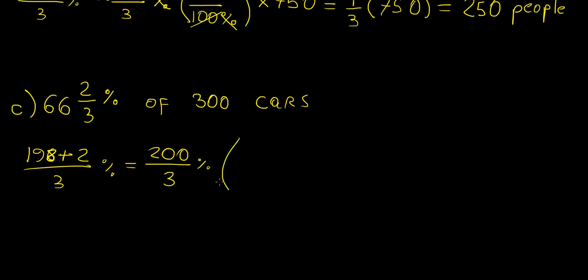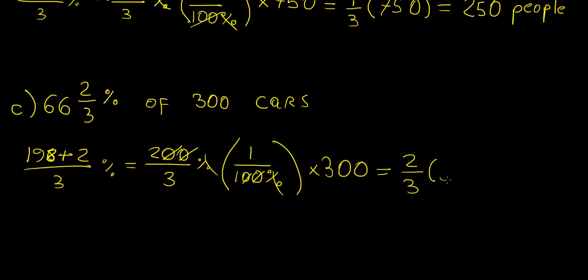And now we're going to multiply that by 1 over 100%. So these two are going to cancel out, multiply by 300. So immediately we notice that we can cancel out those there. So we're going to get 2/3 of 300. So we know that's going to be 200 cars.